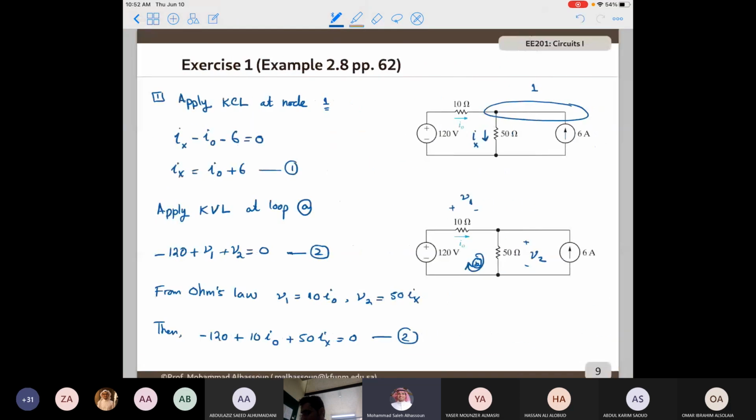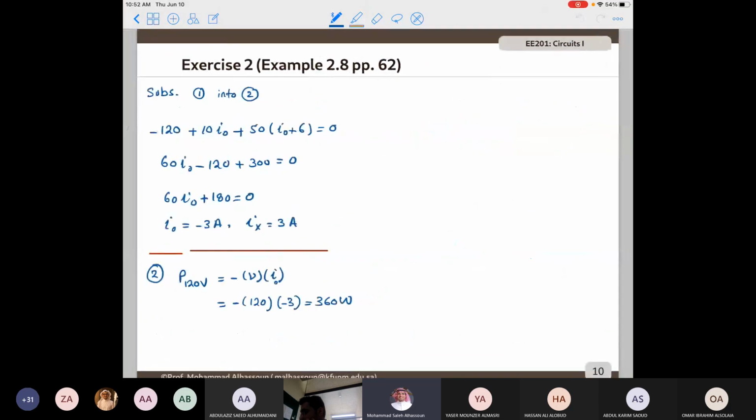Okay, so who can help me with the 6 ampere source? I need a new name. Yes, Abdullah.